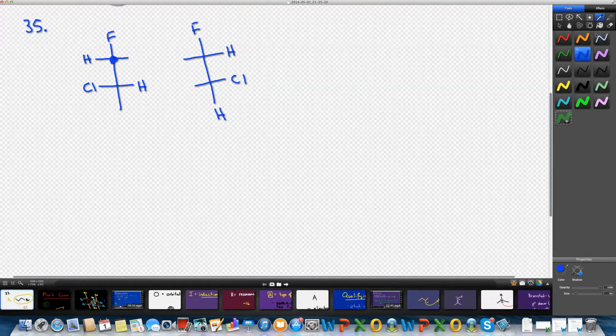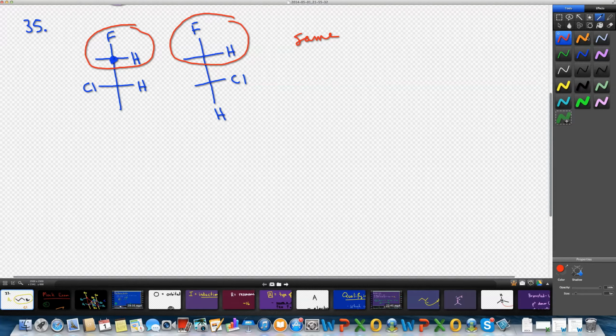Secondly, I'm going to flip the methyl group and the hydrogen. And now notice that the arrangement of the atoms are identical with respect to the first chiral carbon. So they are the same.